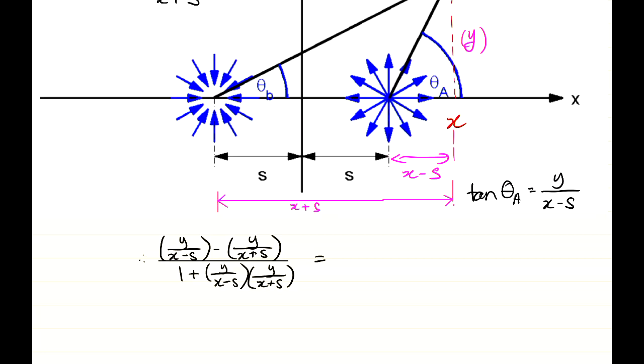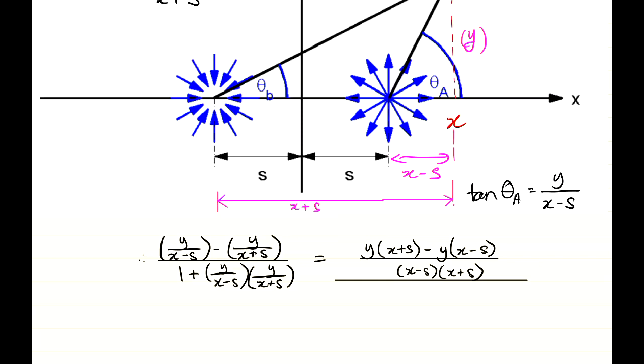So I'm going to get y times x plus s minus y times x minus s, over x minus s times x plus s.